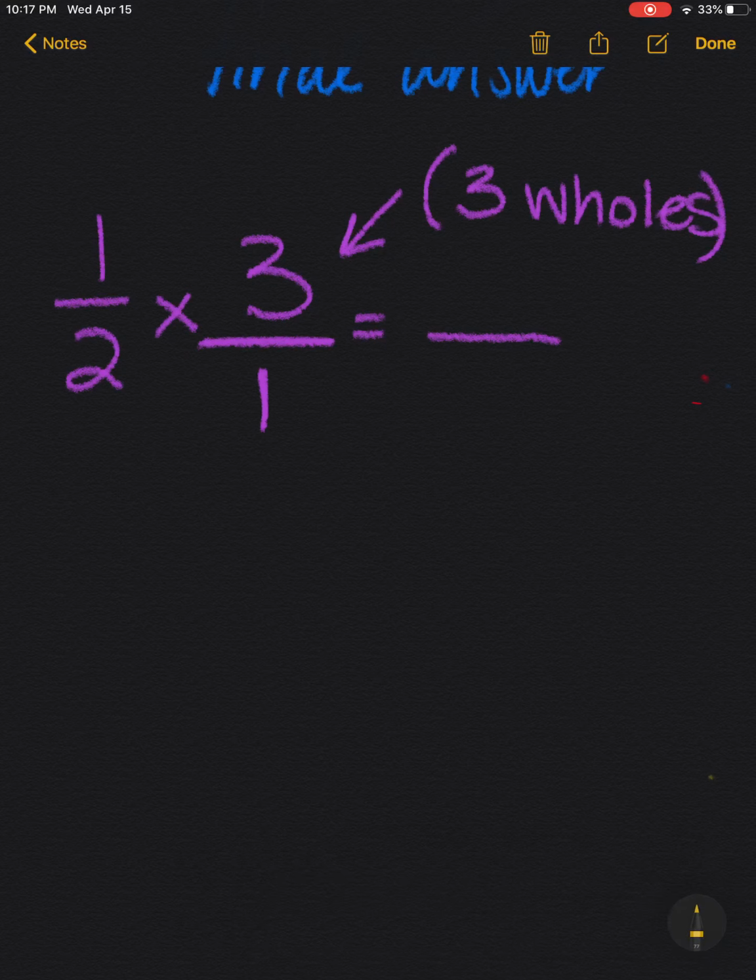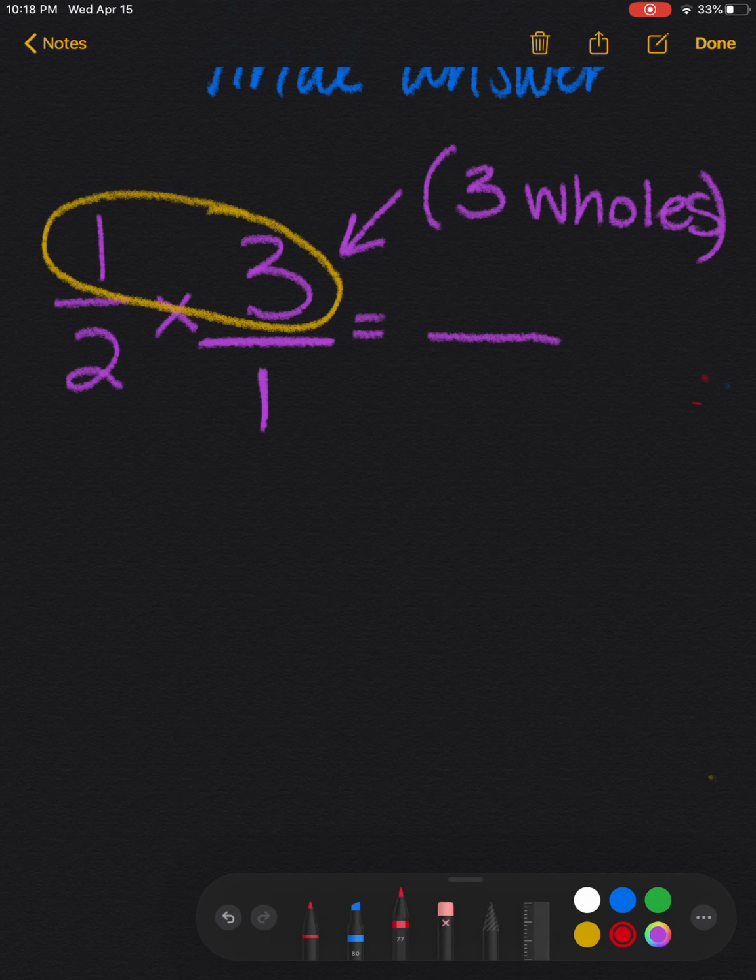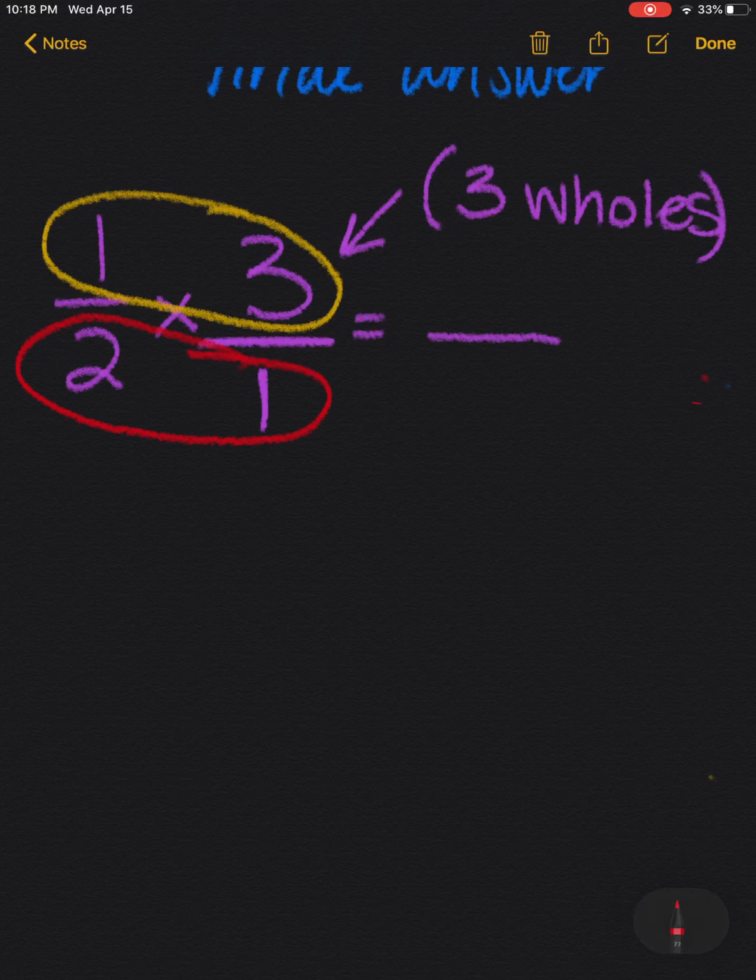So we're gonna multiply the numerators, then multiply the denominators. 1 times 3 is 3. 2 times 1 is 2. So it's going to be 3 over 2. Also known as, when we reduce and simplify, 1 and 1/2.